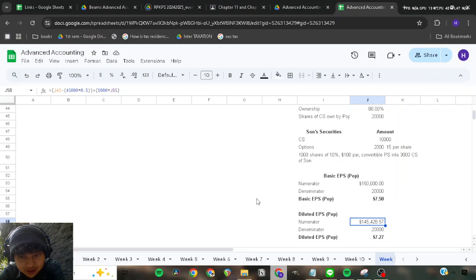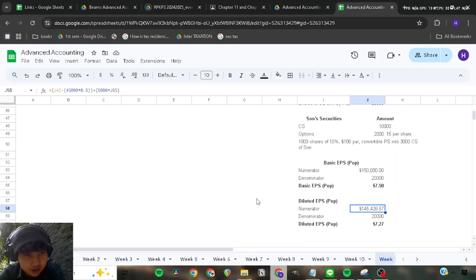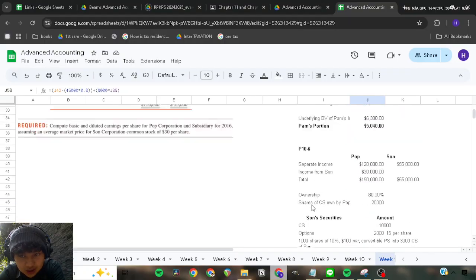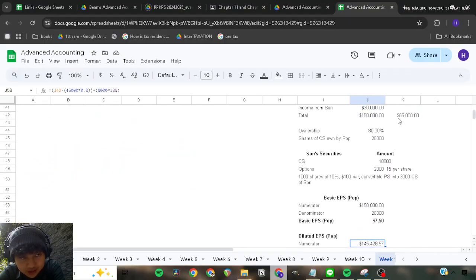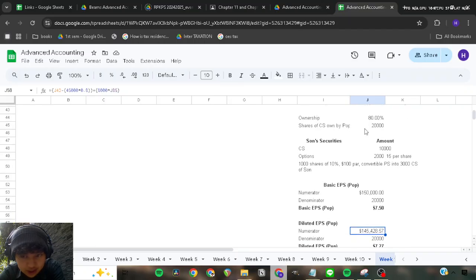First we want to deduct the preferred stocks, but then we want to add it back. So we deduct the preferred stocks, which we have calculated before. So it's 55 minus 10, that's 45, right? And we multiply that by 80% since that's the portion that the parent owns. And that's the amount of preferred stock that we should deduct.